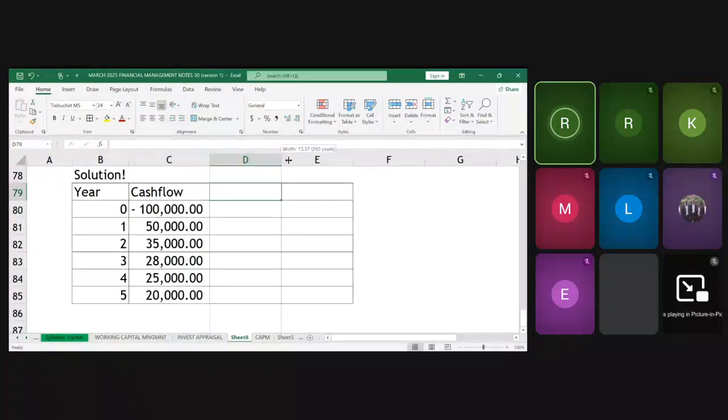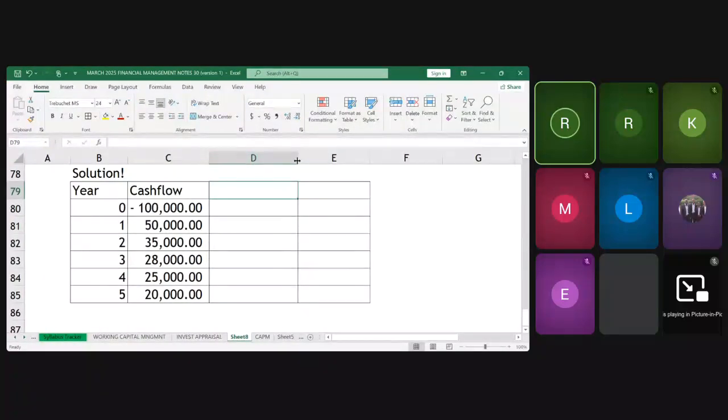What we want is the cash that is back: the payback amount, then the payback years. In year 0, nothing has been recovered, so we still have 100,000 to recover today.